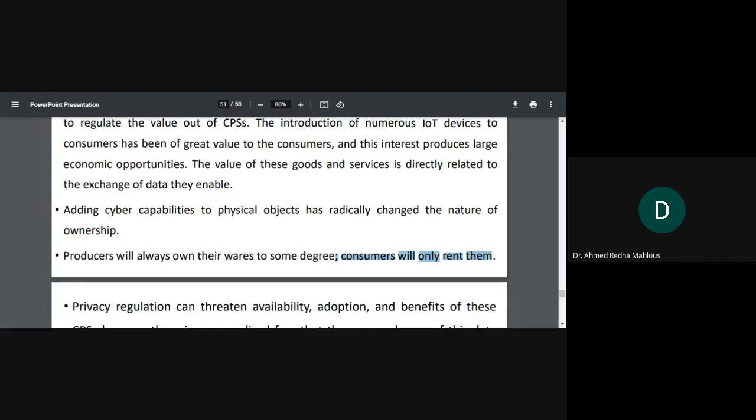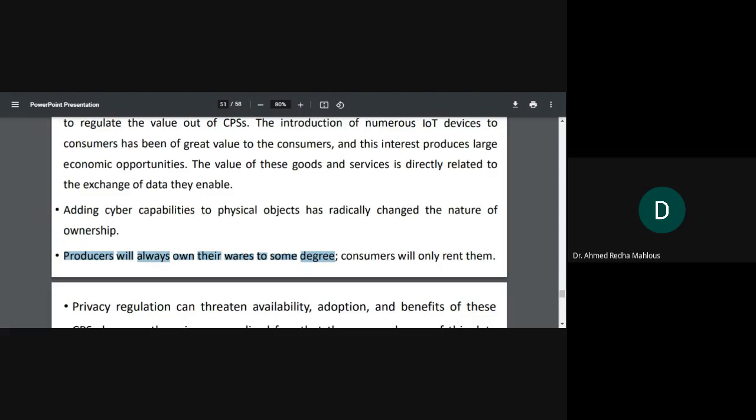That's why we say the producer will always own their wares. What they produce, they will own. They will keep the ownership, but the consumer, like Boeing, will rent those CPS devices. This is a new way of doing business by some companies like Rolls-Royce, which makes engines and instruments for Boeing.